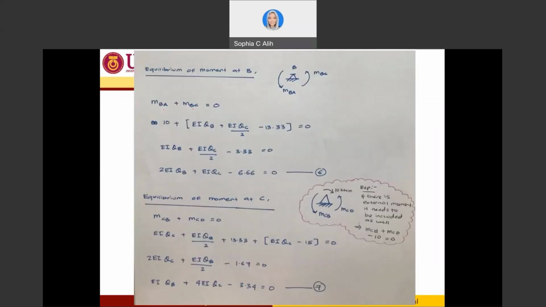Now it is a very straightforward equation that you already learned how to solve. So 10 plus this one equal to 0. Now I just solve this linear equation over here, and I will have another equation, so I put it as 6.